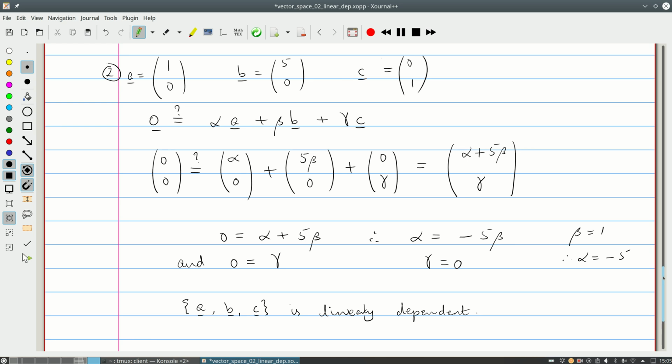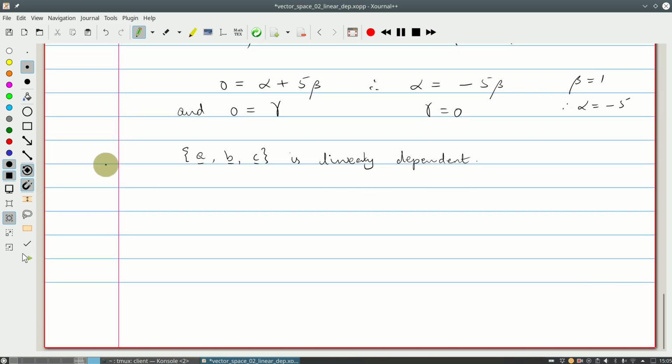Now, before we finish, I'm going to leave you with one example. What about this set of vectors? A is equal to (1, 0) and B is equal to (10 to the minus 300, 0). Are they linearly dependent or not?